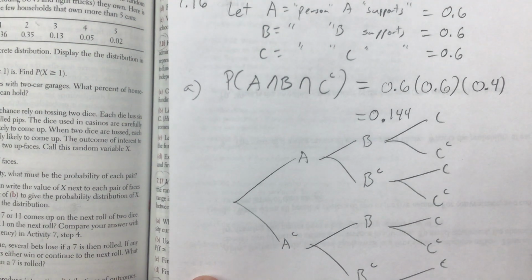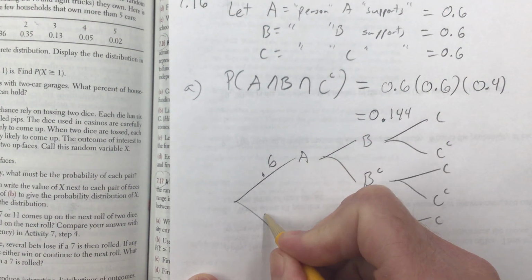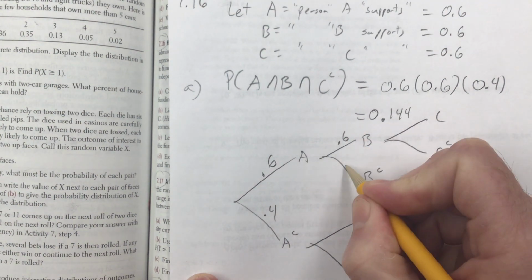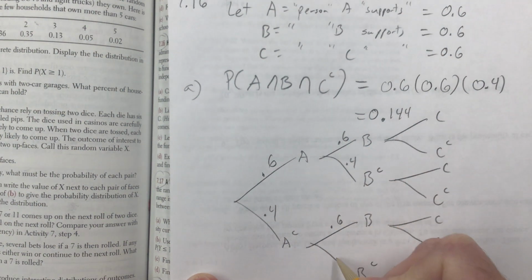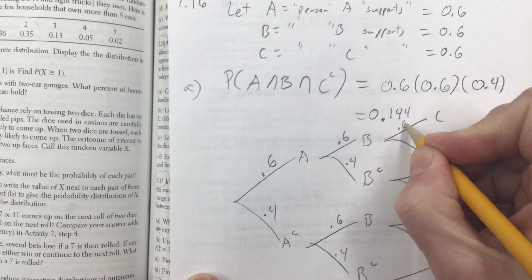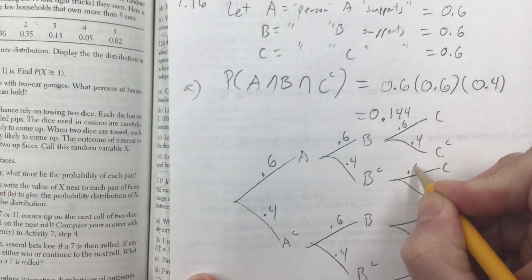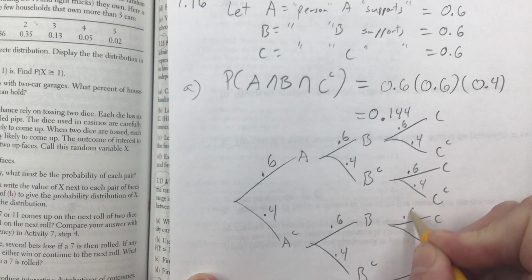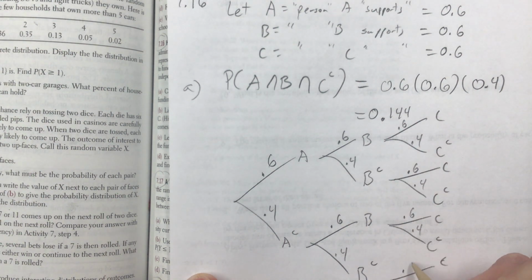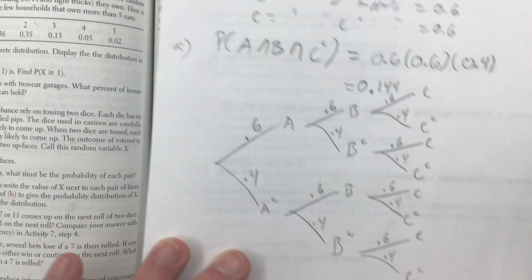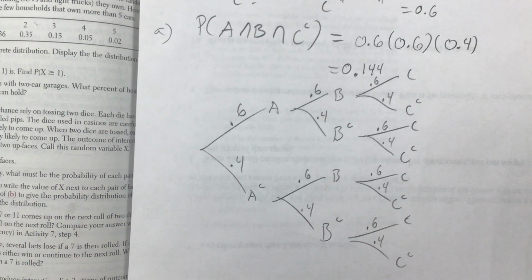Okay, and then each branch. Okay, and now to get the probabilities, you have to, of course, multiply down the branches.